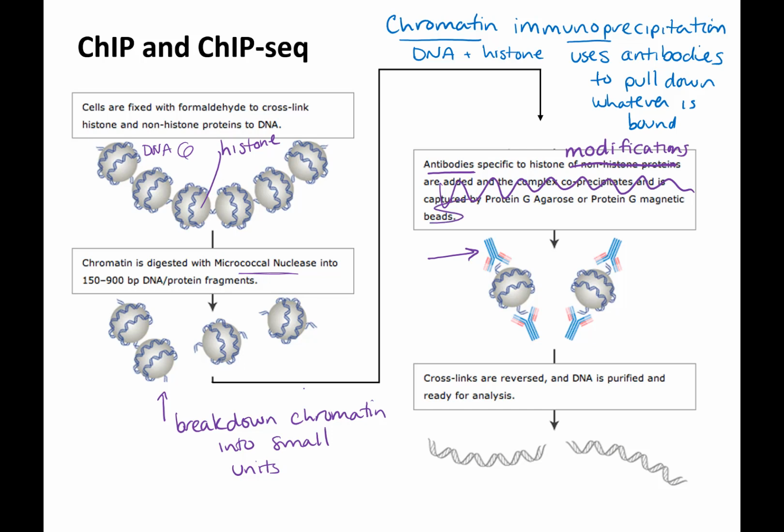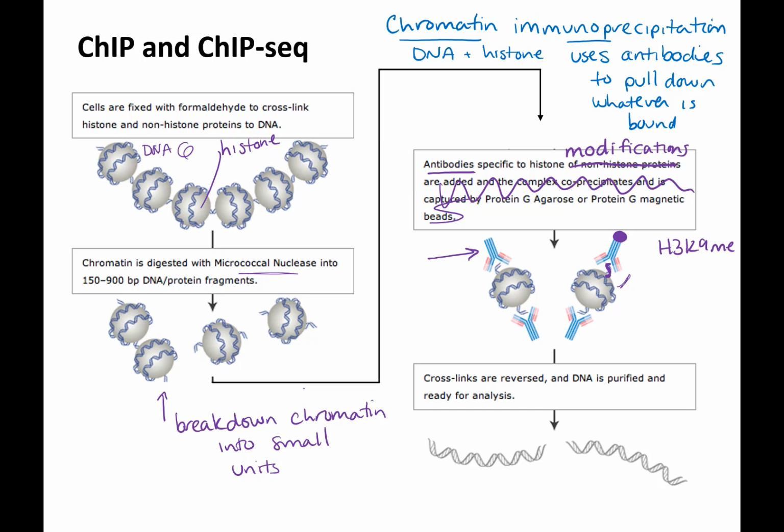So for instance, maybe we want to pull down H3K9 methylation. You can have an antibody very specific to that, and this is supposed to be the little histone tail. If that modification is there, the antibodies bind, and the antibodies will have some kind of bead or magnet on them, and you will pull them out of solution.